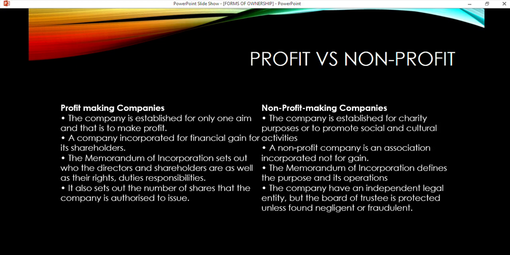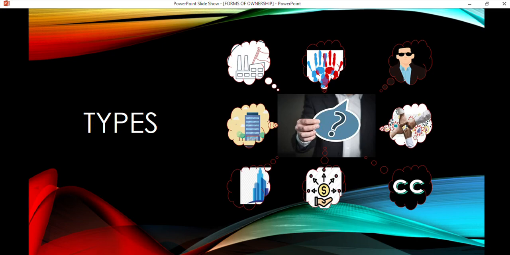So it's still a legal entity, the company, but if there's a suspicion of fraud or negligent behavior, then the board of directors or the board of trustees will be prosecuted.